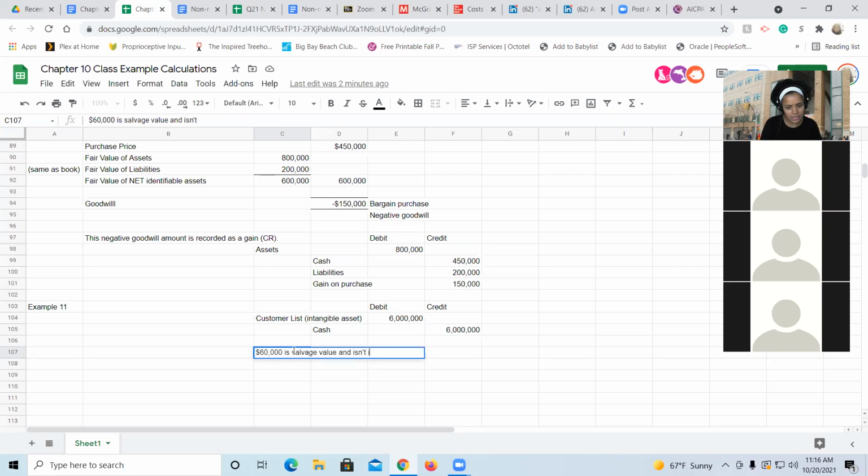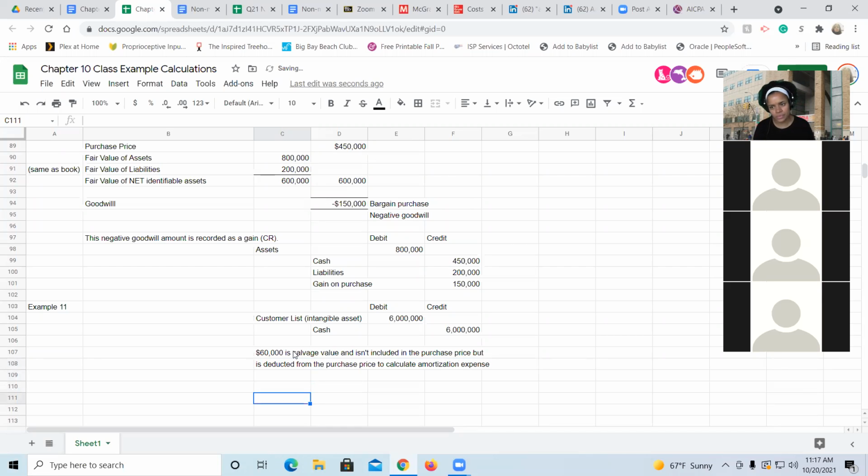and isn't included in the purchase price, but is deducted from the purchase price to calculate amortization expense. This goes back to, how do you calculate depreciation or amortization? It's basically to get to the amortization base.